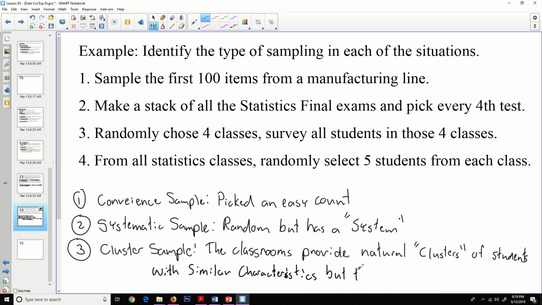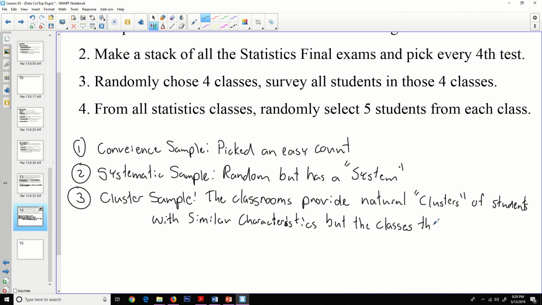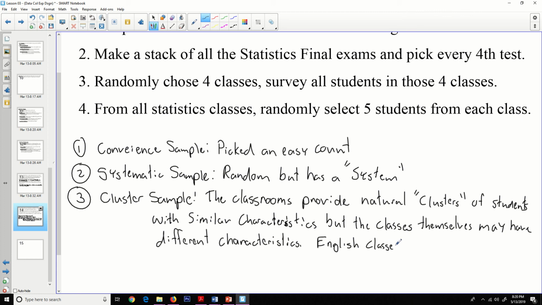But the classes themselves may have different characteristics. And what I mean by that is English classes versus math classes.